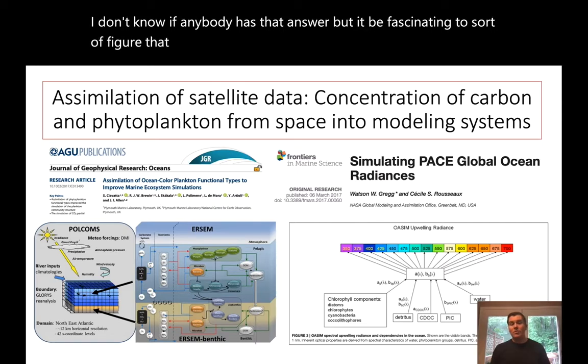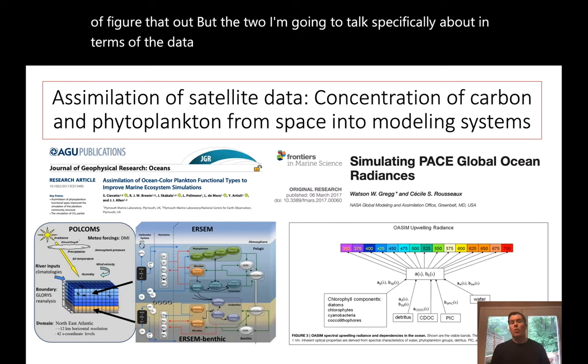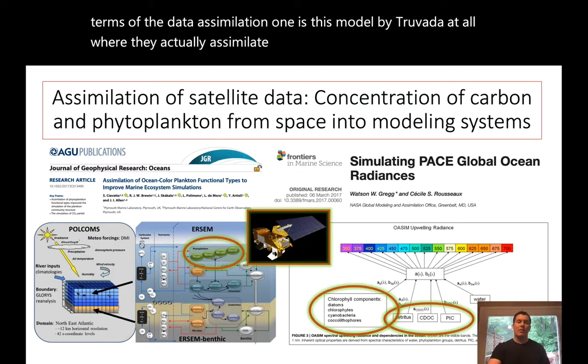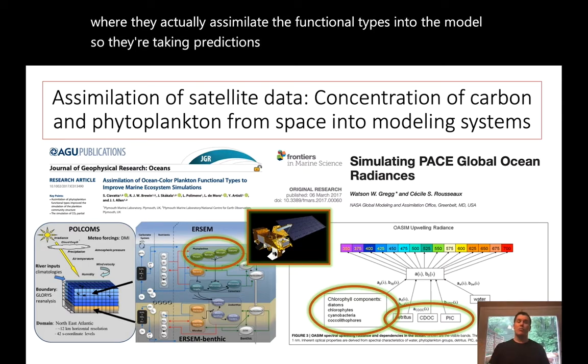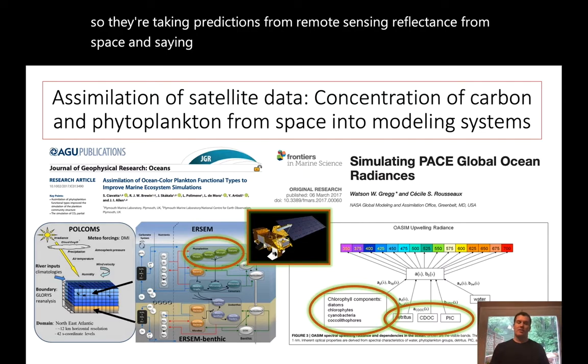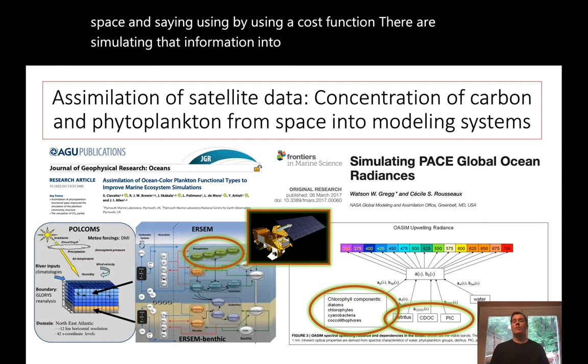But the two I'm going to talk specifically about in terms of data assimilation, one is this model by Goddard et al., where they actually assimilate the phytoplankton functional types into the model. So they're taking predictions from remote sensing reflectance from space and saying, by using a cost function, they are assimilating that information into the predictions of the model.